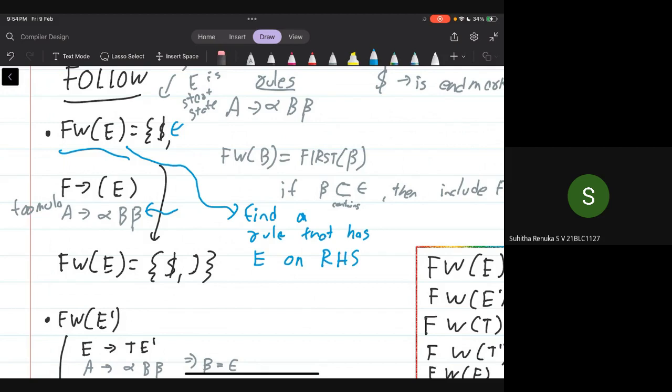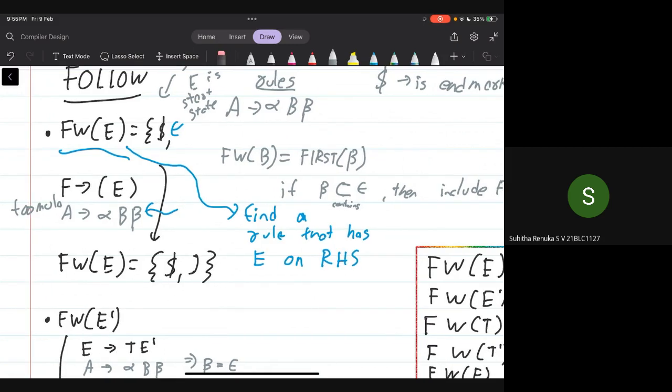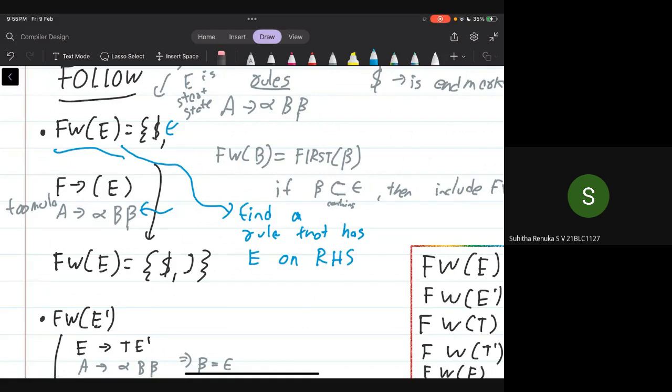Now you have a formula which is A goes to alpha B beta, and here your B should be equal to your E. So you should always write your B under E. Then you check the first of beta here.